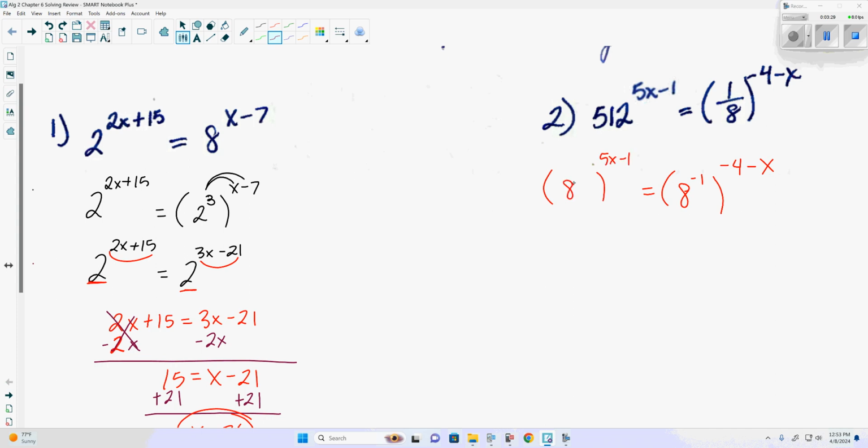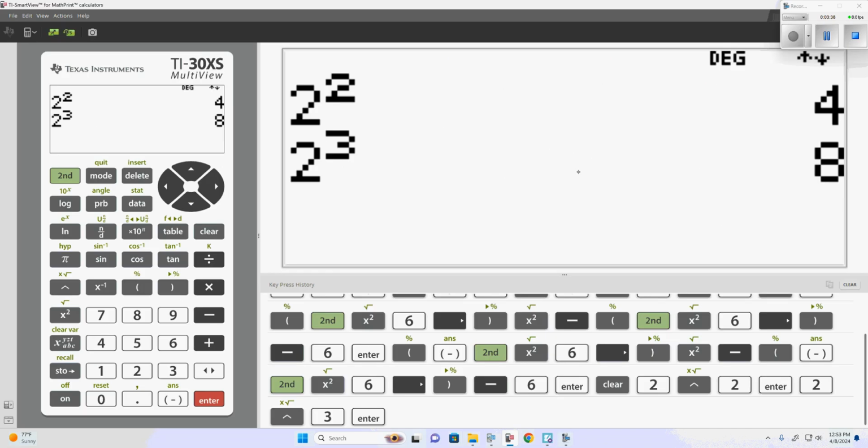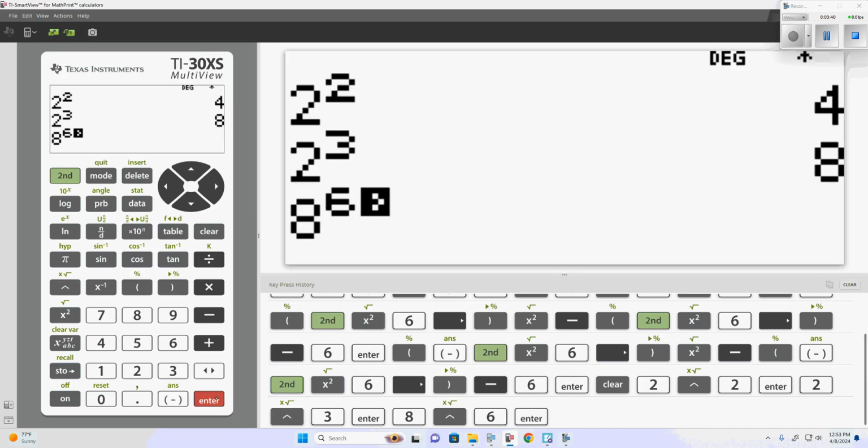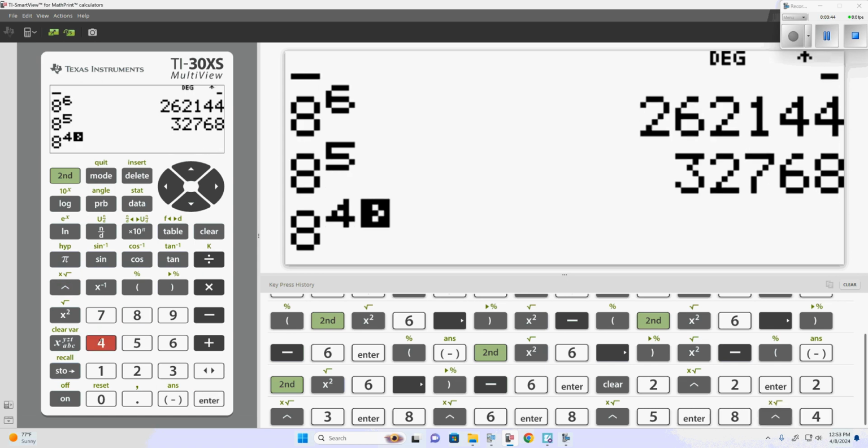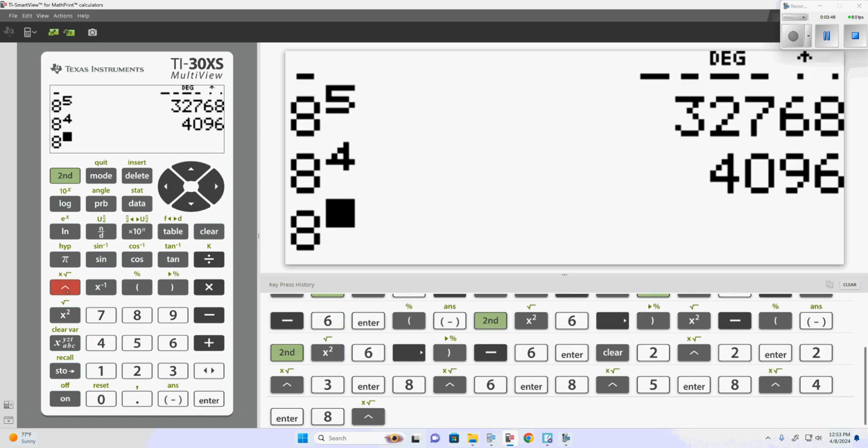Now, it would be nice if we could rewrite 512 as 8 to a power, and it actually works out to be 8 to the 6th, to the 4th, to the 3rd. Yep, 8 to the 3rd.